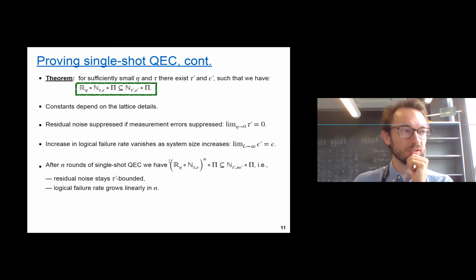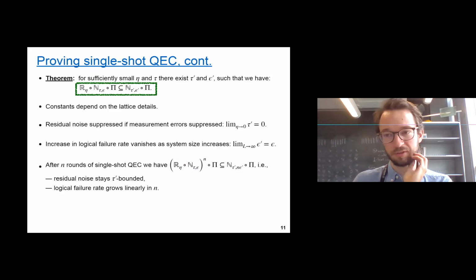As I was saying, you repeat this process. We apply a code space projector, then we apply noise and recovery, and we do this 10 times. We can show that this is the same as applying the code space projector and then a noise channel where the residual noise stays tau bounded, where I have control over this, and the decoding logical failure probability just grows linearly in n.